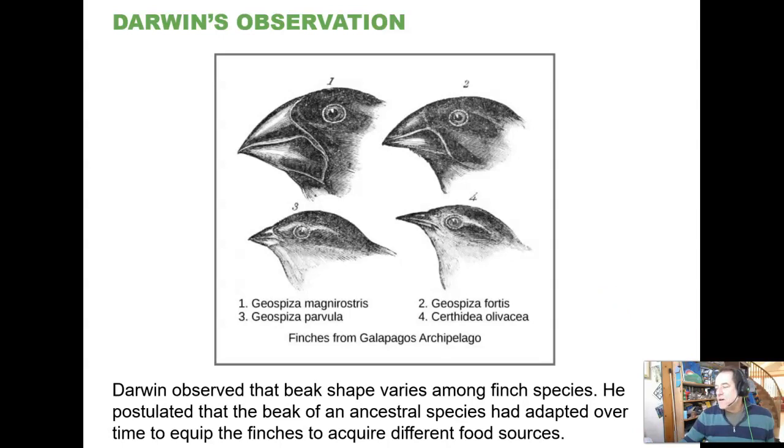It lives in South America, and for whatever reasons, a flock of those finches, or at least 2 individuals, a male and a female, or even possibly, although there's a fair amount of genetic variation in these populations, so it kind of suggests a large number made it, but even possibly one female who was already pregnant, if you will, had fertilized eggs in her, and when she arrived at the Galapagos Islands, had a clutch of young that survived, and at least one male and female were in there.